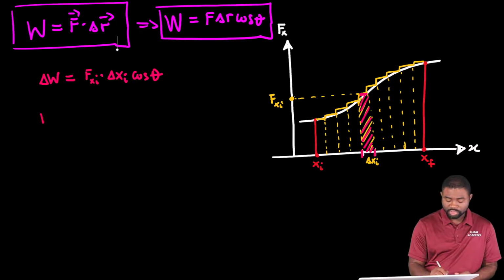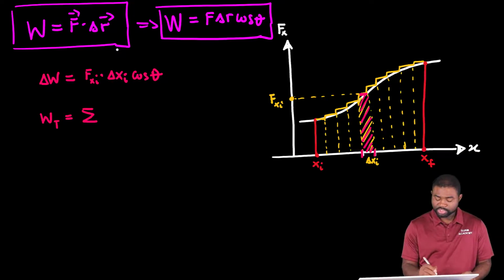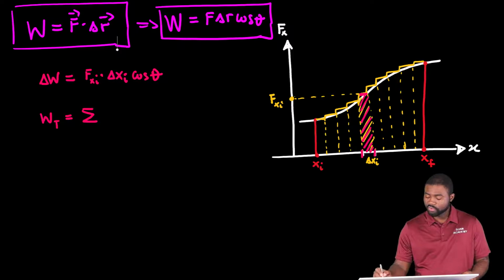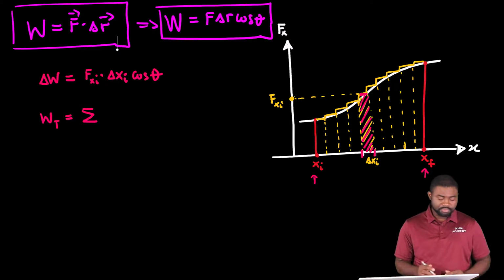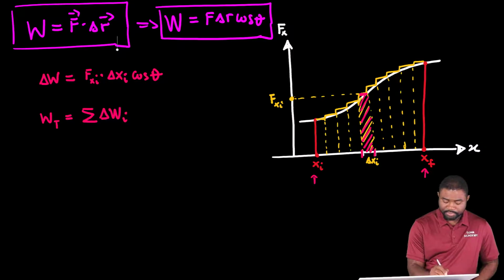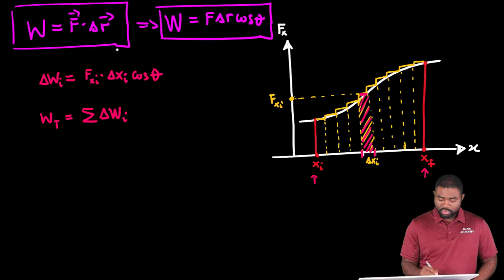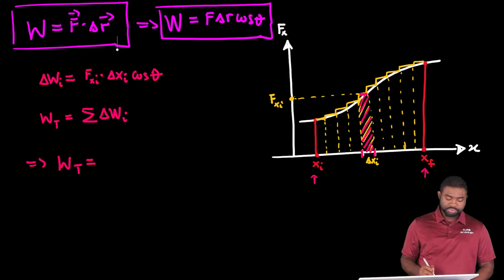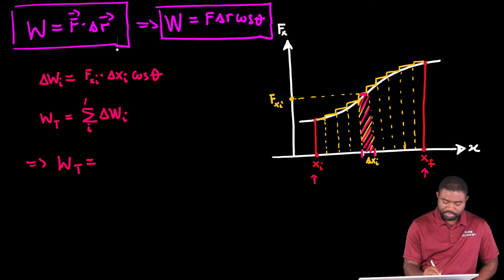So the total work done will just be equal to the sum. We are summing all the work done for all the increments that span from xi to x final. That means that this is going to be equal to the sum of delta Wi, which implies that the total work done will be equal to the sum from i equals 1 up to n.